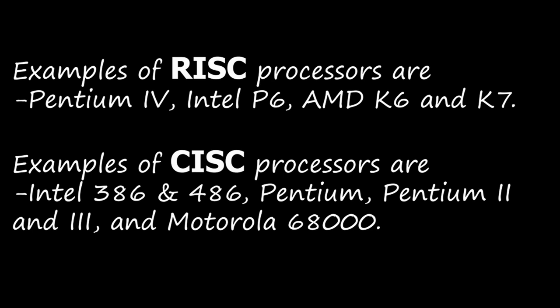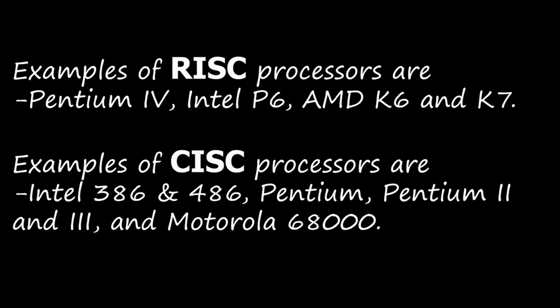This is used for our PCs and personal computers. The examples of CISC processors are Intel 386 and 486, Pentium 2 and Pentium 3, and Motorola 68000.